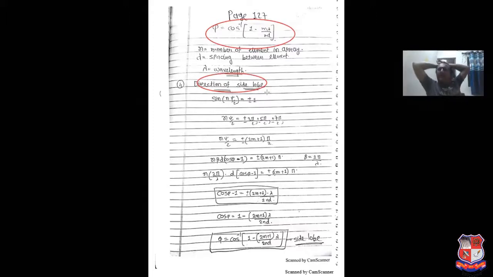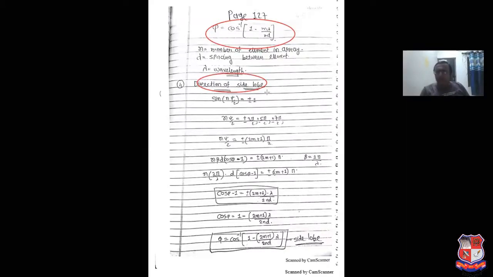So n psi by 2 equal to plus or minus 3 pi by 2, plus or minus 5 pi by 2, plus or minus 7 pi by 2. So n psi by 2 equal to plus or minus 2m plus 1 into pi by 2. So here we can say 2 cancels.